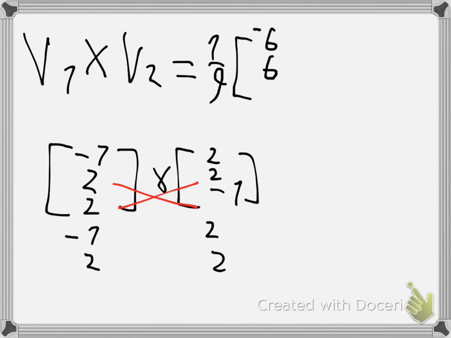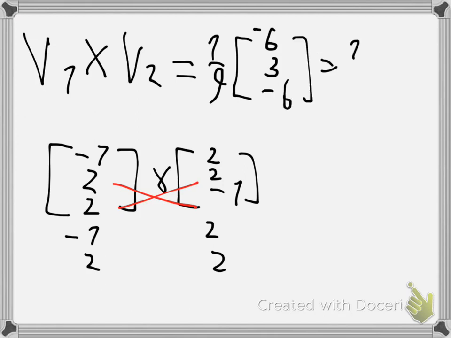Yeah, so you get a negative sign here, then you get 4 minus 1, which is 3, sorry, I made a mistake. Then you get negative 2 minus 4, negative 6.